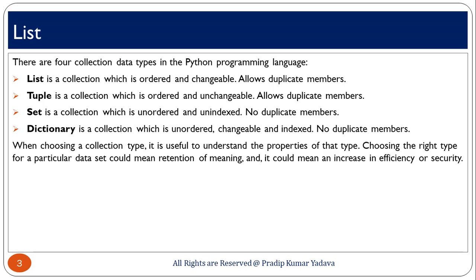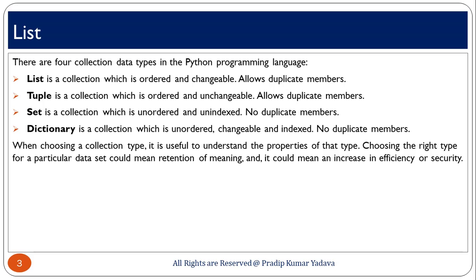As we know, there are 4 collection data types in Python programming. One is list. List is a collection which is ordered and changeable, means you can change the order of the list, and it also allows duplicate members, means in a list duplicate members are possible.